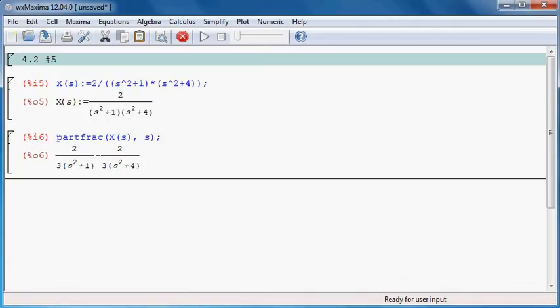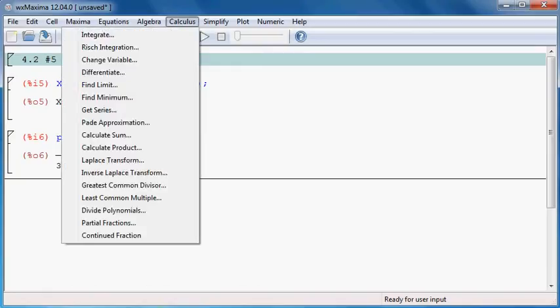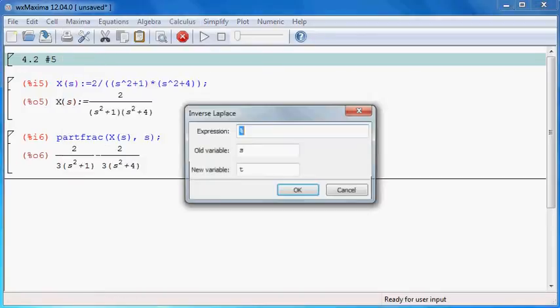If you take the inverse Laplace transform, it's 2/3 sine of t minus, all right, this is a k value, so it's going to be 1/3, so minus 1/3 sine of 2t. Let's see if I can find it using Maxima. So calculus here, then inverse Laplace transform is right here.